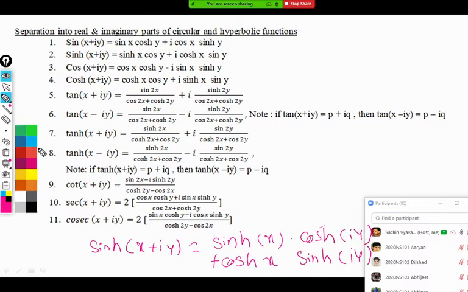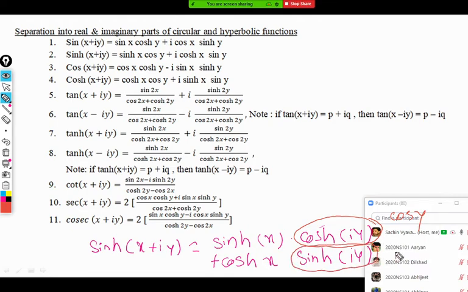So this value is just cos y. And what about sine hyperbolic iy? It is i times sine y. That is the result written here. You'll observe the simplified result is written directly: sinh x cos y plus i times cosh x sin y.